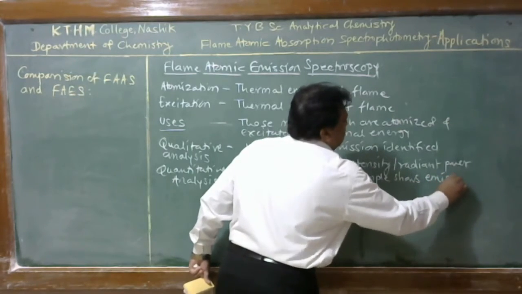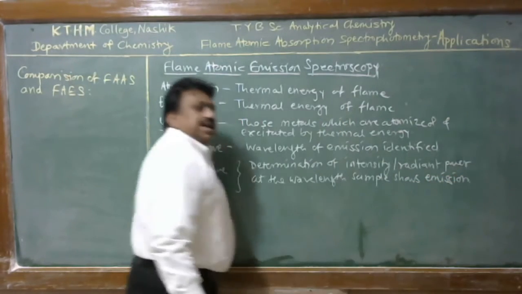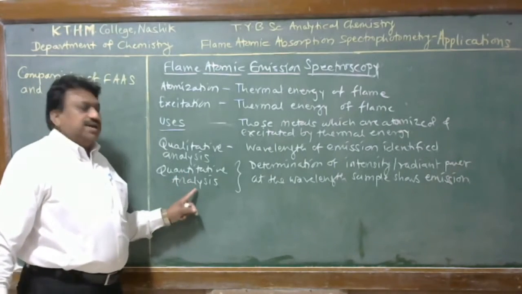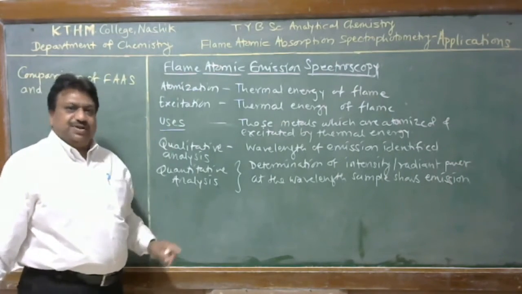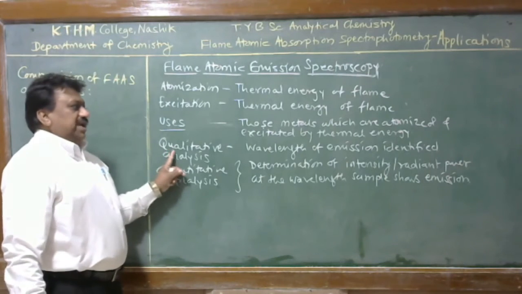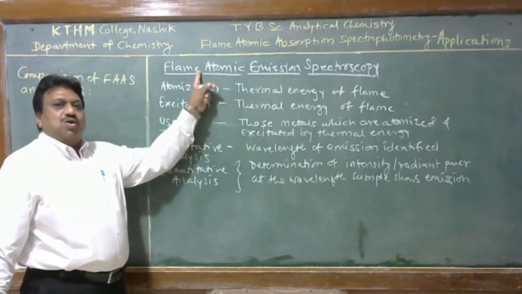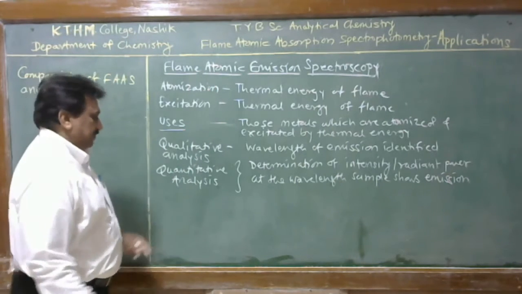Therefore, emission intensity is directly proportional to the concentration of analyte, and that is measured for quantitative analysis in plain atomic emission spectroscopy, while the wavelength of emission lambda is useful for identification of atomic species present in the flame.